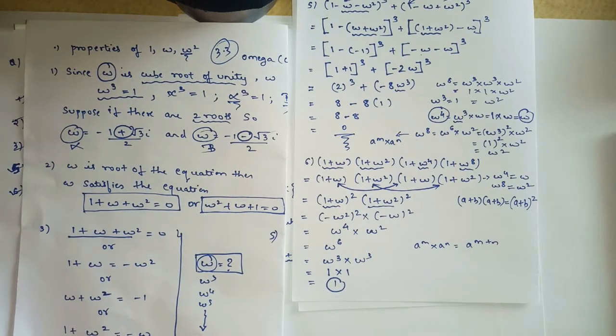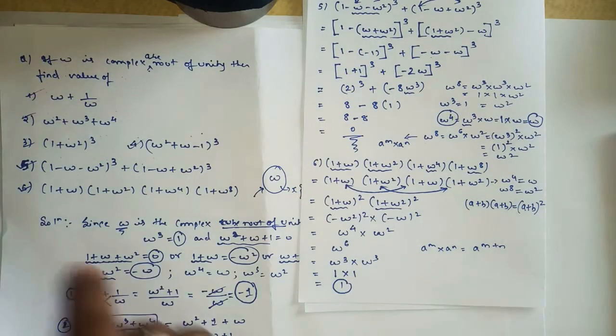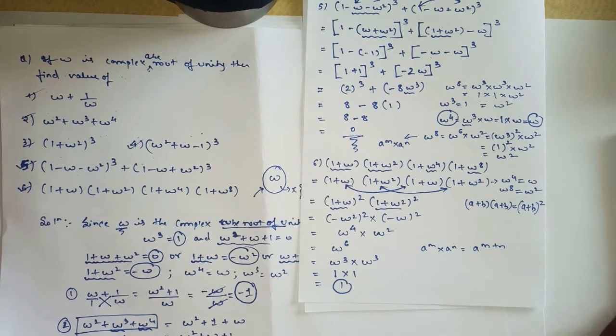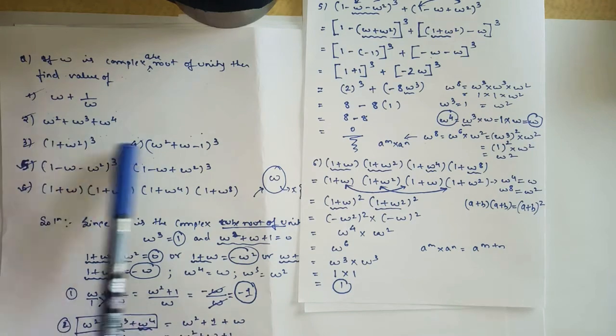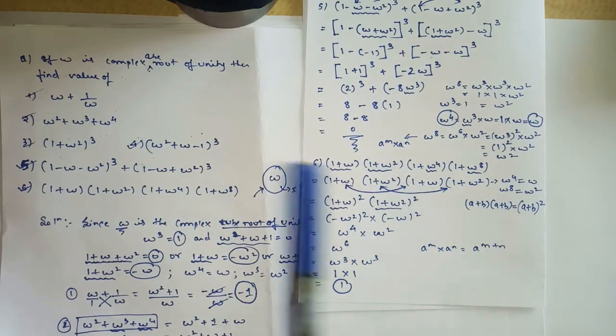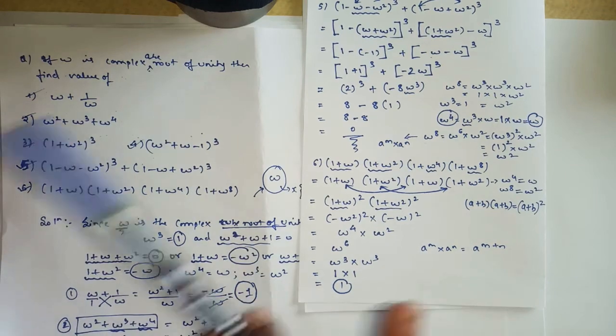Okay, so now we have completed all the 6 sums from the exercise. These are the sums from the exercise only, not any additional question. So now we have completed the first, second, third, fourth, fifth, as well as sixth. The first 4 sums were very simple. Just simply we have to do the basic adjustment, directly substitute the value, and you will get the answer.